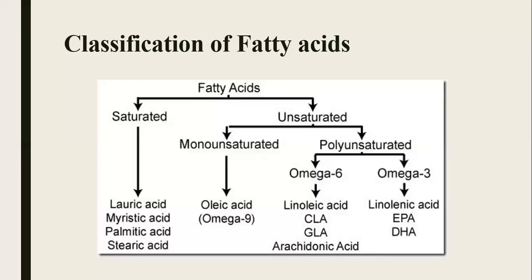Then the second group is the polyunsaturated fatty acids. Polyunsaturated fatty acids are those which contain two or more than two double bonds. The most important example of a polyunsaturated fatty acid is linoleic acid. Linoleic acid is an 18 carbon containing polyunsaturated fatty acid which contains two double bonds.